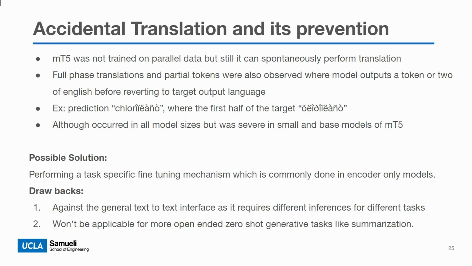We want to use as little fine-tuning as possible, but if you are fine-tuning for every task, then it is against our goal. The second drawback is that if you are fine-tuning for every task, it becomes very hard to fine-tune for open-ended zero-shot generative tasks like summarization, where fine-tuning would be very difficult. So this is not a possible solution.